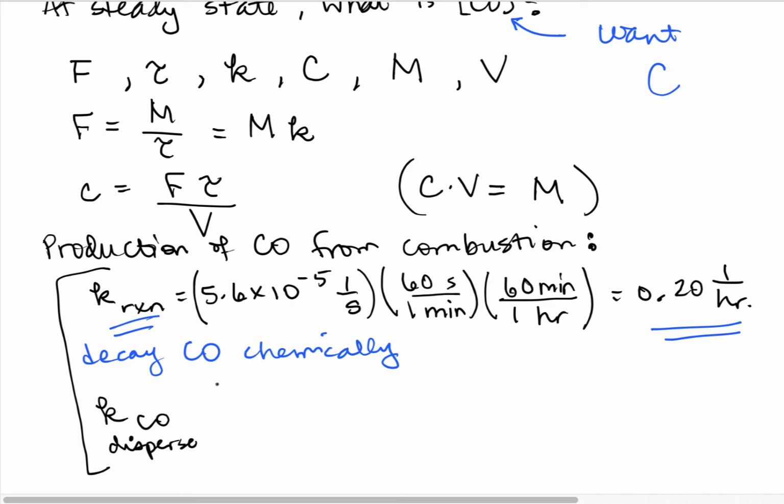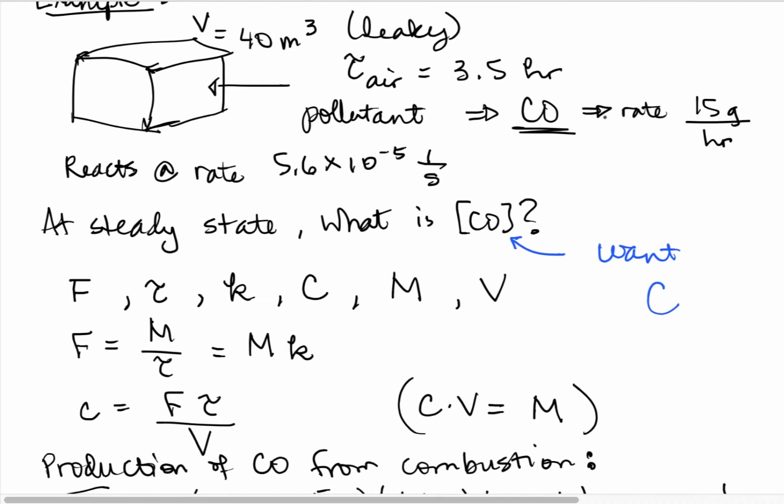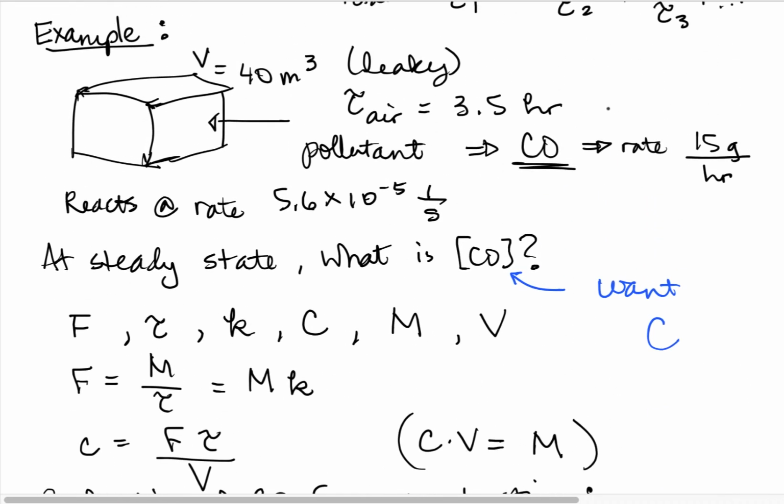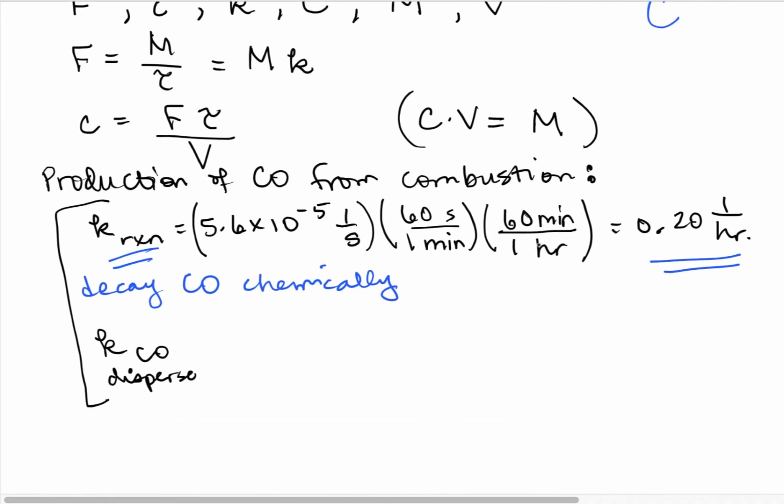So if we think about the dispersal, what did we have? We had the residence time for the air in the garage, and the residence time for the air in the garage should be the same as the residence time for carbon monoxide particles in the garage too, since they will naturally just migrate out of the garage just like the rest of the air does.